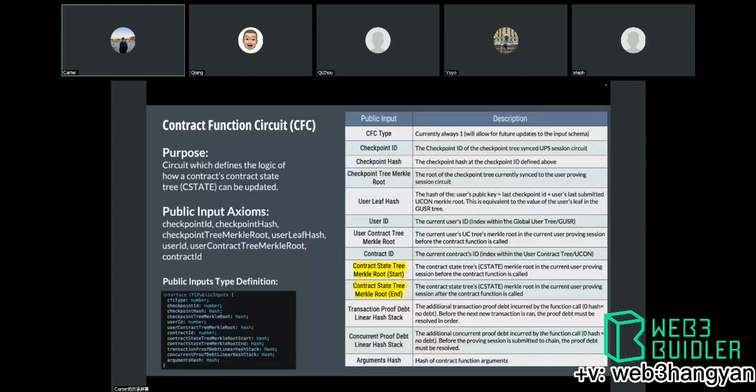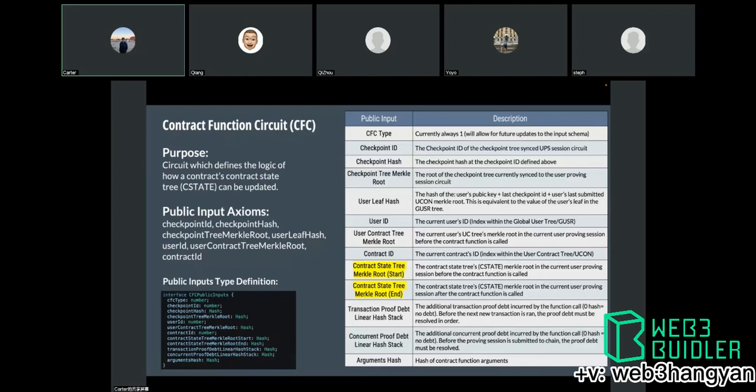So if we look just really briefly at what a contract function circuit has as public inputs, these are actually not the public inputs. We do a hash of these values, and so that way we only have 4 public inputs. We use a very small field size, but you can see some of the things that a contract function circuit is able to expose.